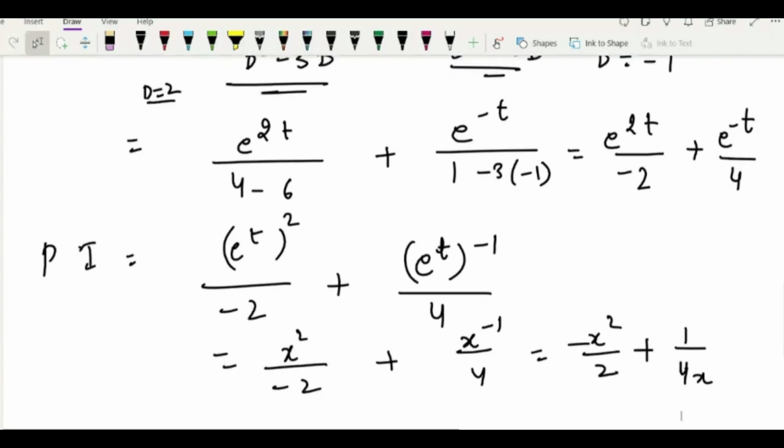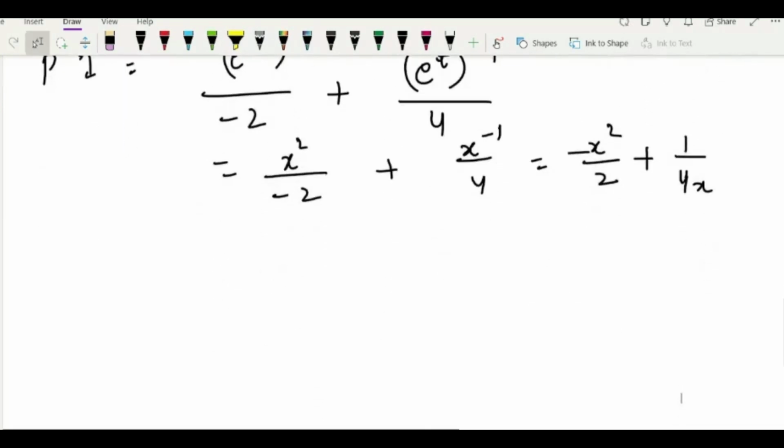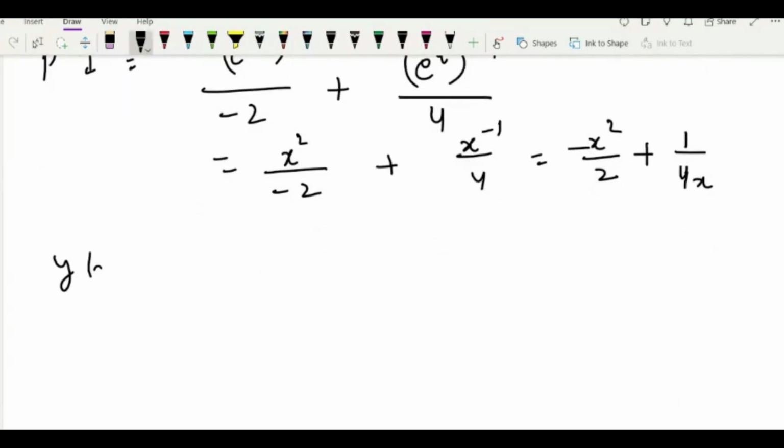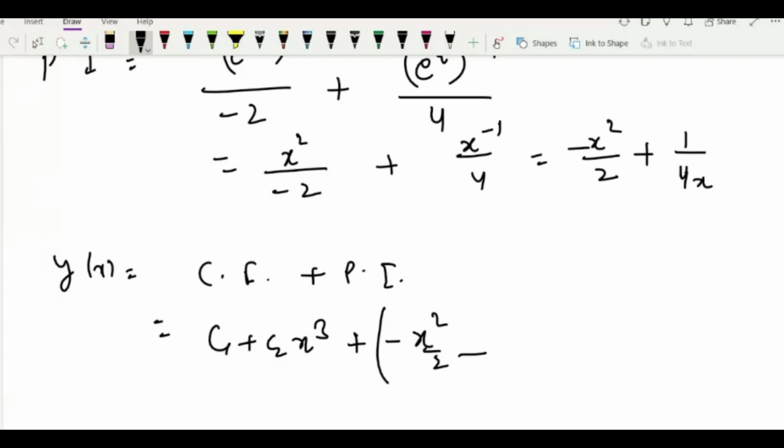So this is our PI, and for writing the complete solution we have y of x is equal to CF plus PI. So we have CF as C1 plus C2 x cube and the PI is minus x square upon 2 plus 1 upon 4x. This is our complete solution.